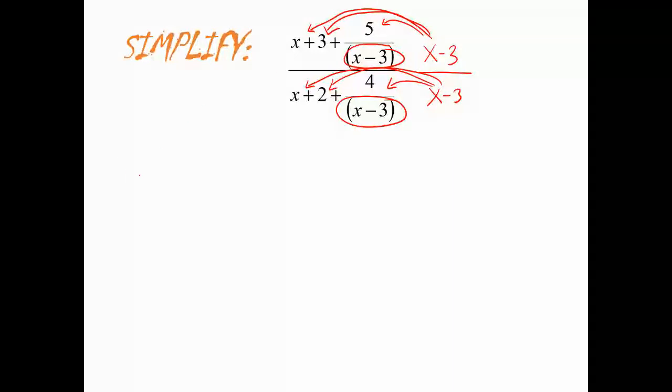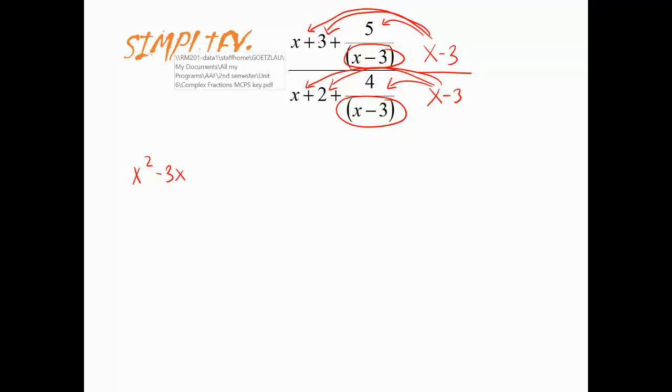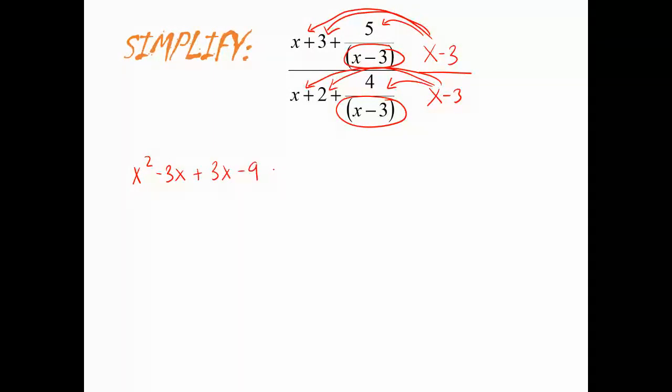So when I do that, I'm going to distribute as it happens. x squared minus 3x. That's when it goes to x. Plus 3x minus 9. I don't need to worry about multiplying the 5 by it because those are just going to cancel. Plus 5.